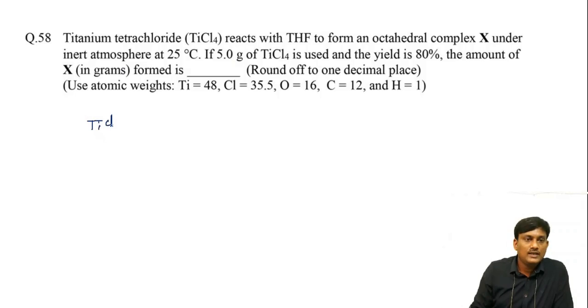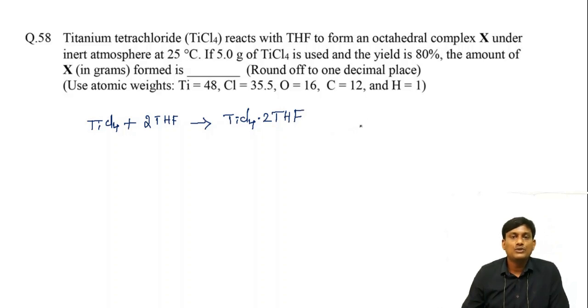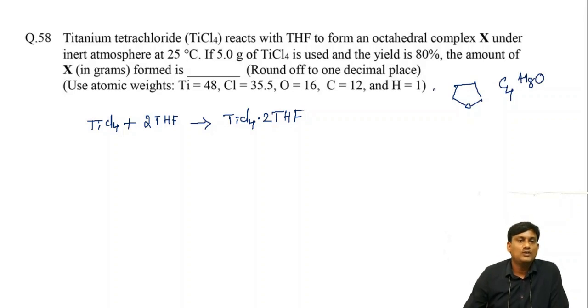The TiCl4, when you react with THF, tetrahydrofuran, reacts with 2 moles of tetrahydrofuran. Here there is a formation of octahedral complex TiCl4·2THF. So we know that tetrahydrofuran has the molecular formula C4H8O.